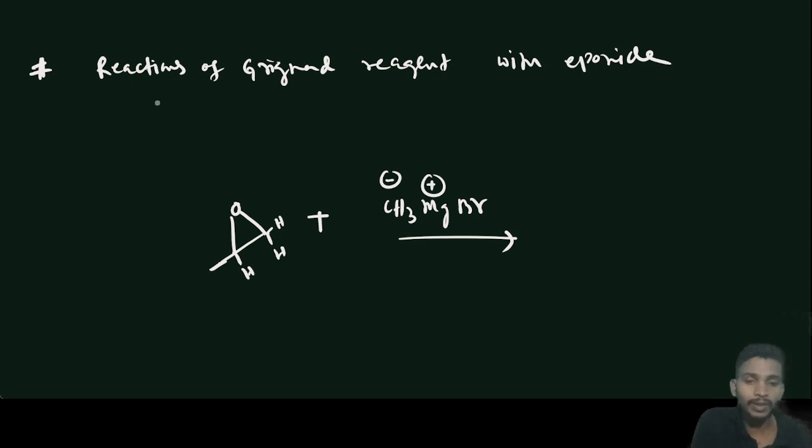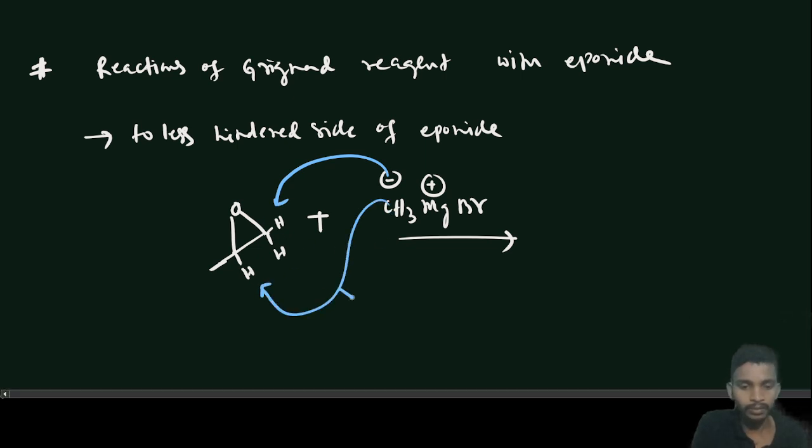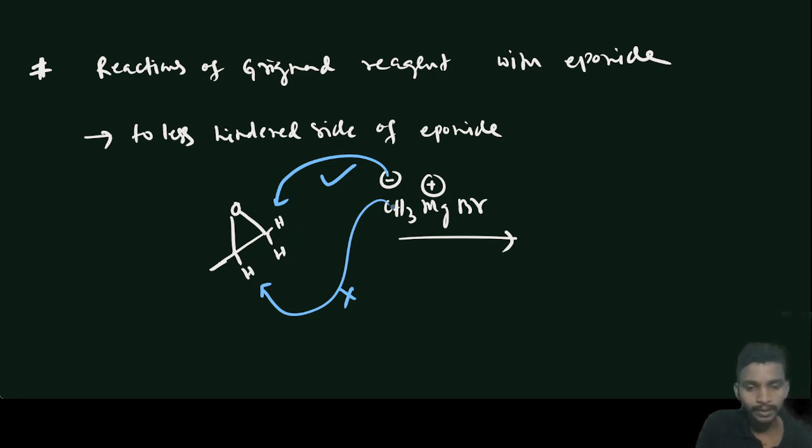So Grignard reagents will attack the less hindered side of epoxides. It will attack this group, not that group. After attacking here, the ring opens. Let's name the carbons 1, 2 and 3.